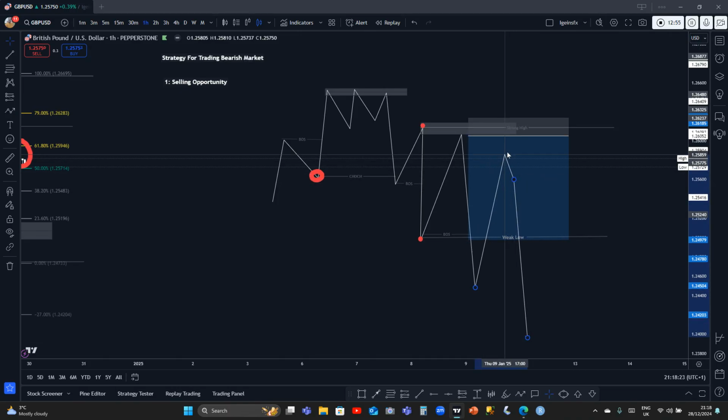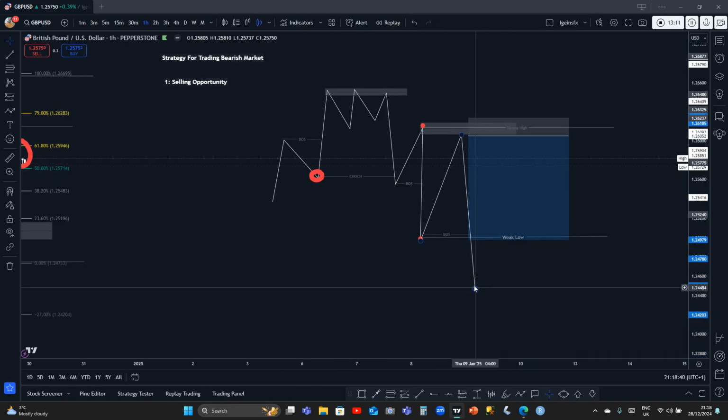So all you need to do is wait for price action to come to this level.